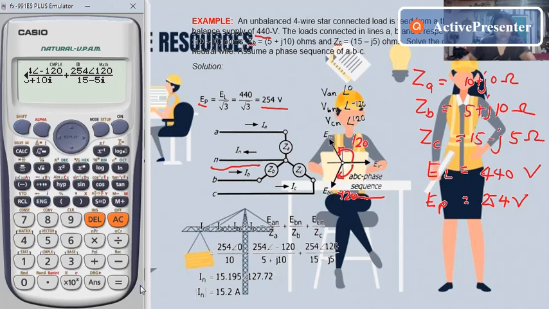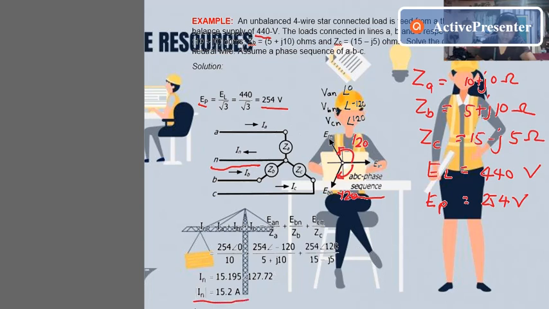So solving for our neutral current, our answer, converted to polar form, is 15.195 with an angle of 127.72 degrees amperes. So our final answer for the current flowing in our neutral point is 15.2 amperes.